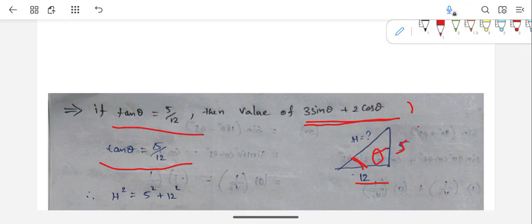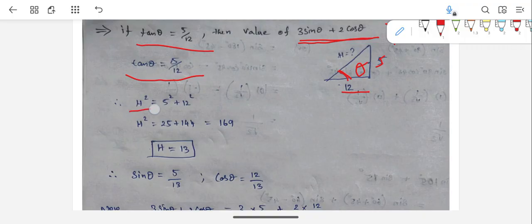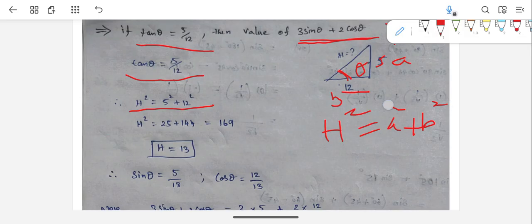If instead of 5 you have a, and instead of 12 you have b, then the Pythagoras theorem is h square equals a square plus b square, not a plus b whole square. You should not go there.